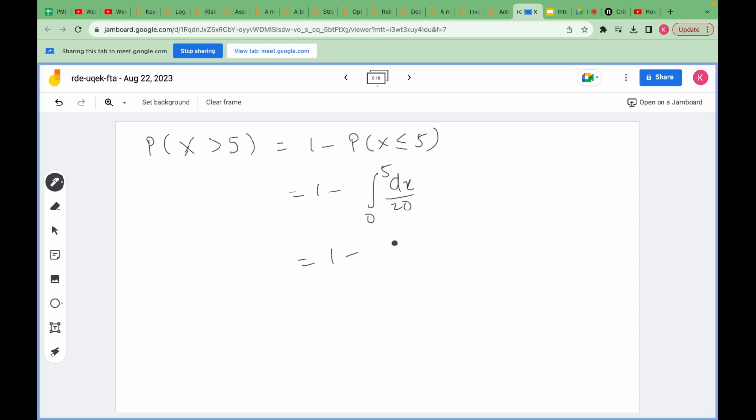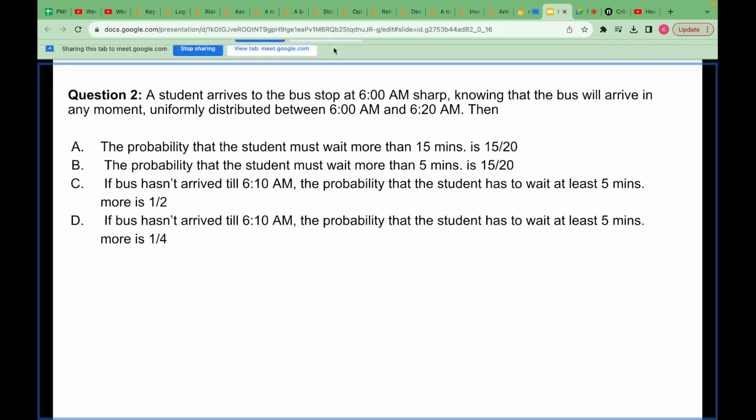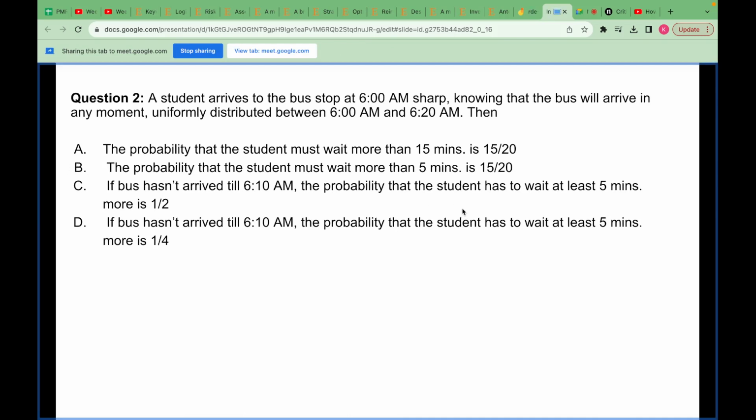So 1 minus x by 20 from 5 to 0, so 1 minus 5 by 20, which is 15 by 20, or 3 by 4. So we saw that this is 15 by 20. So this second statement is correct, that the probability that a student must wait more than 5 minutes is 15 by 20.